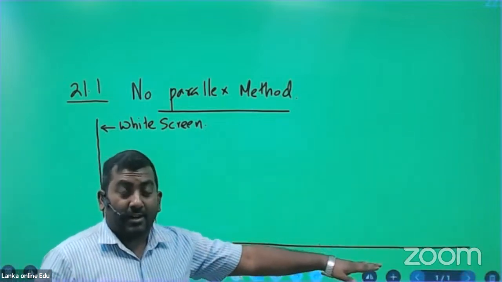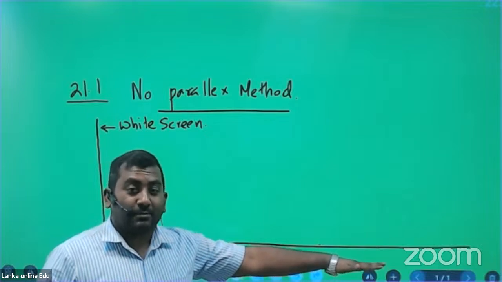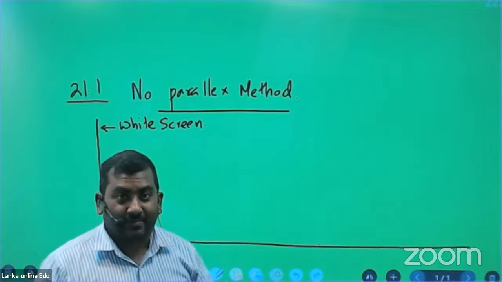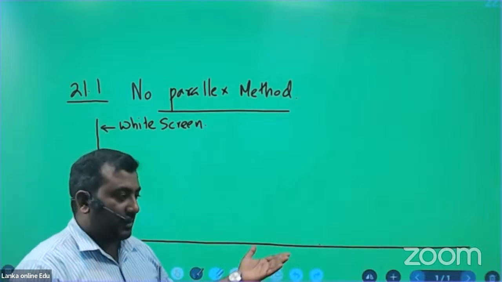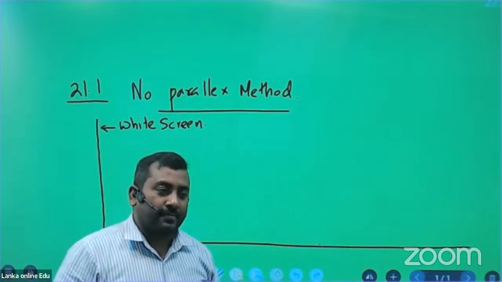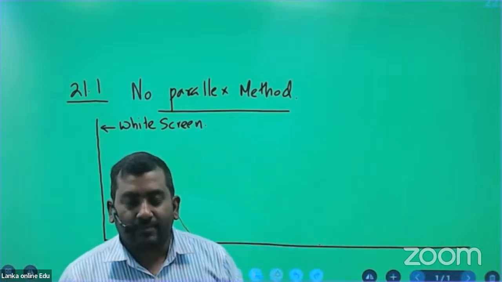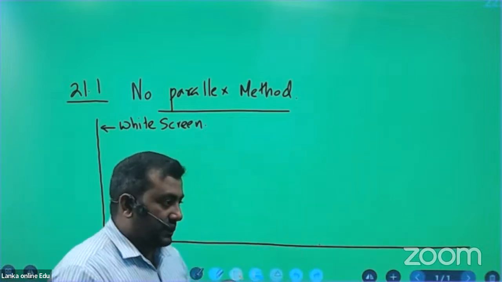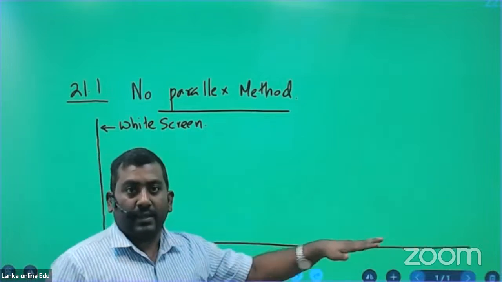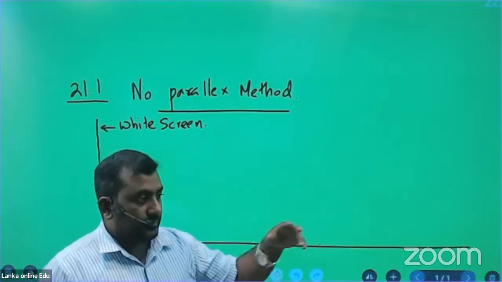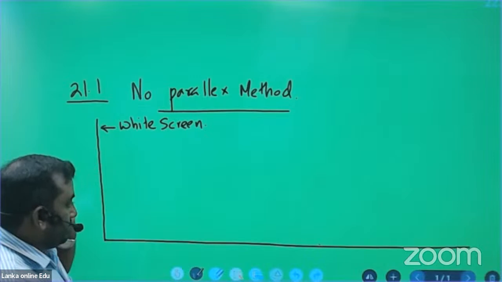Normally in advanced schools, there is something called an optical bench. The majority of schools don't have an optical bench. If you don't have an optical bench, this can be your lab table. So you have a white screen.